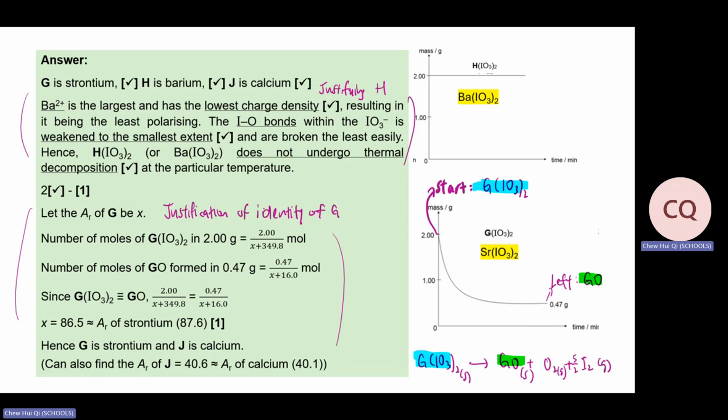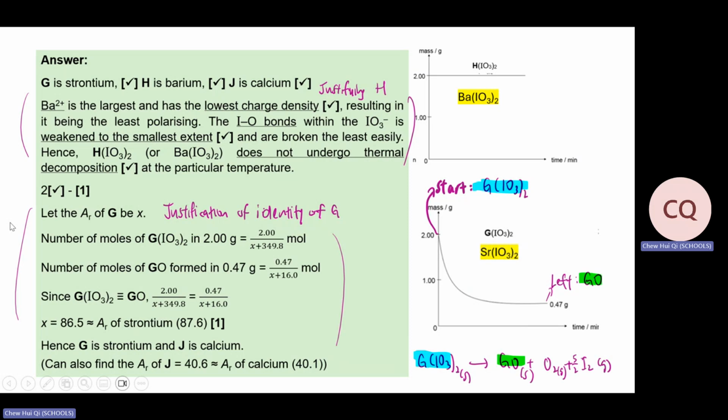How do we do that? You have learned that in the thermal decomposition of the iodate, look at where my cursor is, when it decomposes, it will form GO, the oxide, and the rest of it will escape as a gas. So before the thermal decomposition, you have the iodate, and at the end, what you're left with is the oxide.